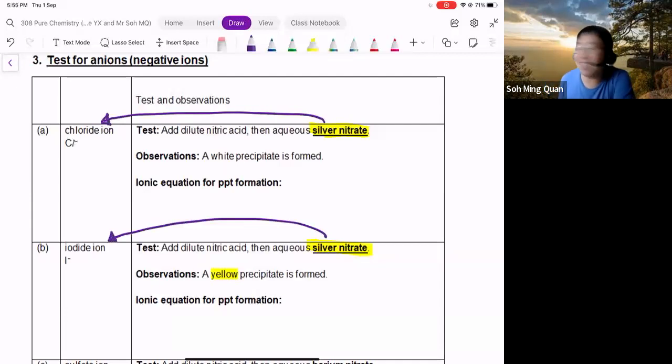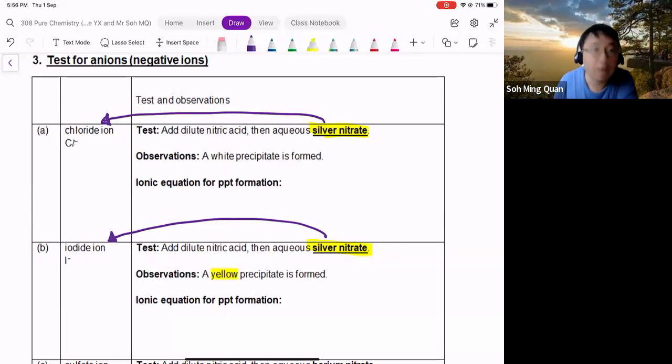All right, so when you see silver nitrate in your flow chart, in the exam question, or in the practical instructions, you must immediately know, okay, I'm either testing for chloride or iodide. All right, you've got to link the two together. Silver nitrate is a test for chloride or iodide.